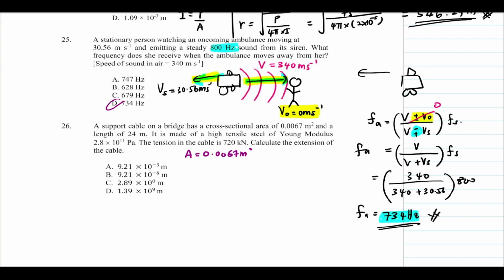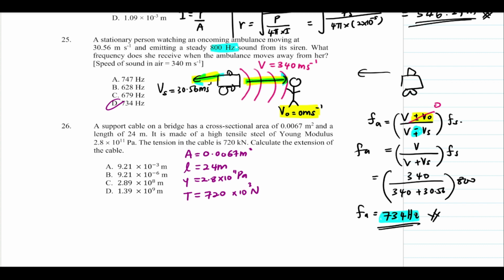And the length of the cable is given 24 meter. It is made of high tensile steel of young modulus 2.8 exponent 11 Pascal. The tension is also given in kilonewton, kilo power of 3. So calculate the extension E.